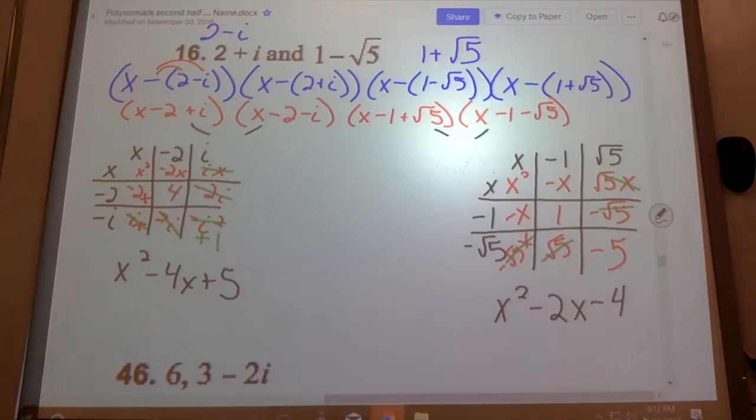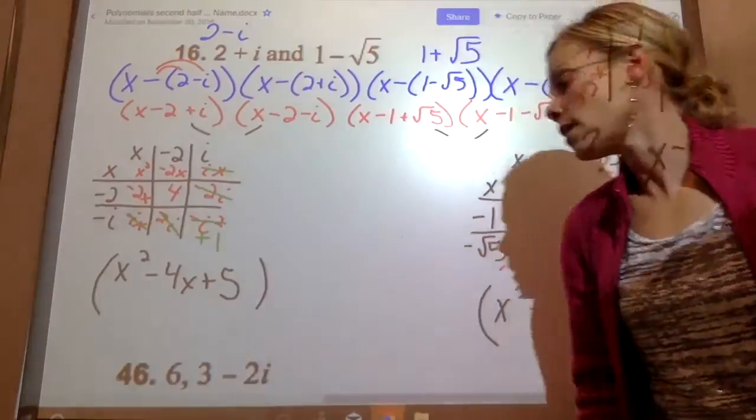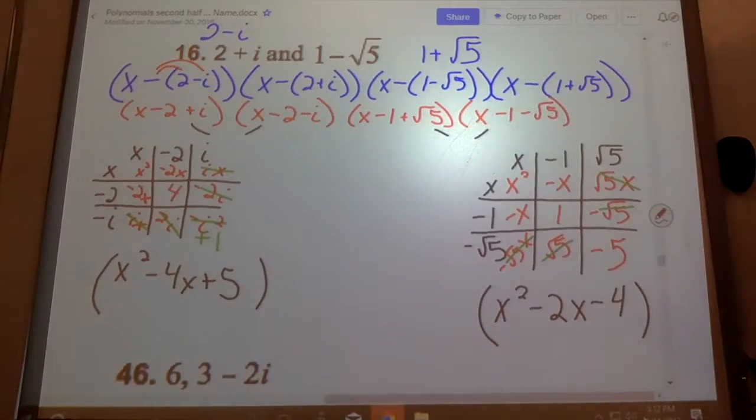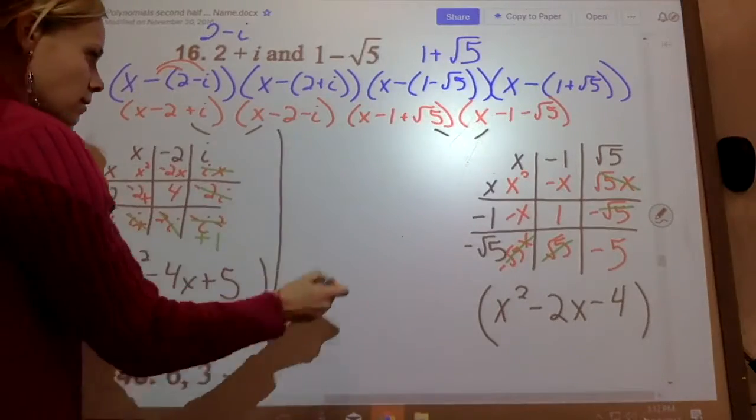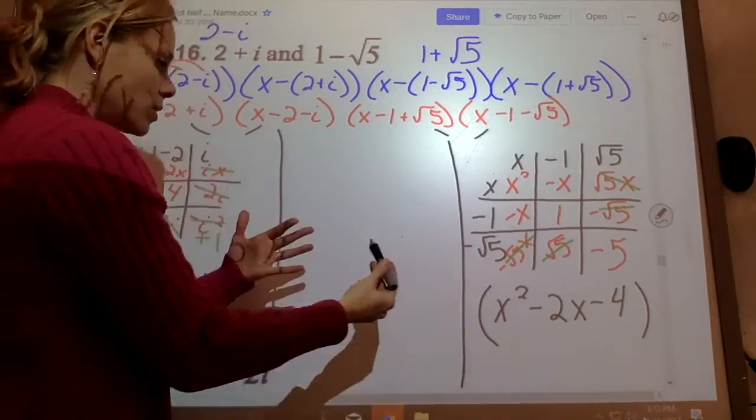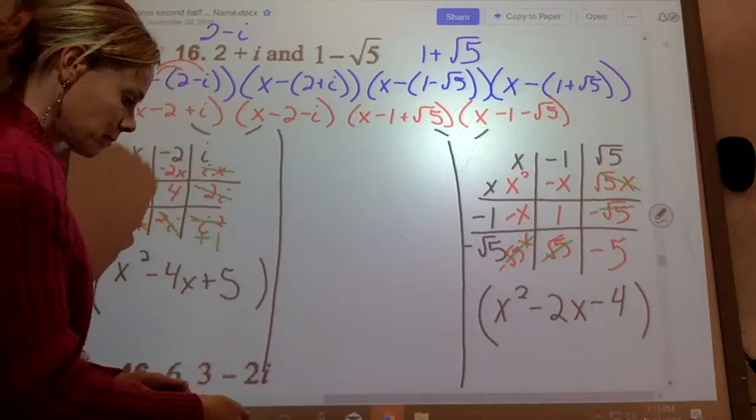Okay. So then, right, I still need to multiply these two together. So one more table to bring them together. Right, I got to bring these two together in a table.